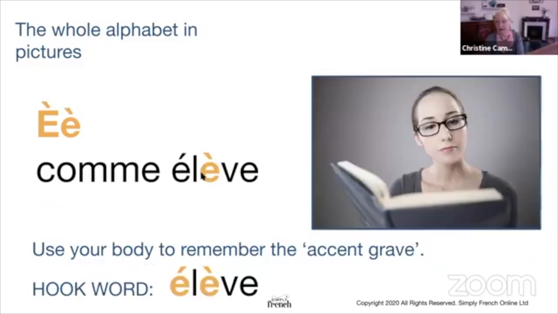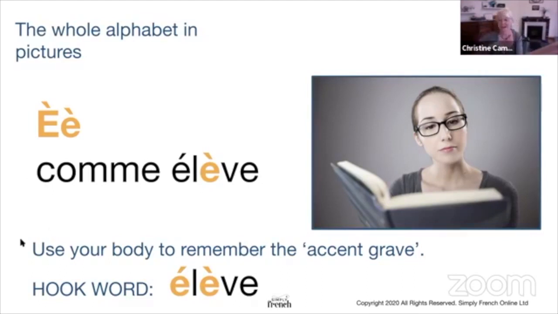Now the other E is the one that goes down. I always joke here, lift your elbow up and you have air in there, air, because this one is an air sound. Air, comme élève. Use your body to remember the accent grave. Now you're going down with your hand from this corner down.